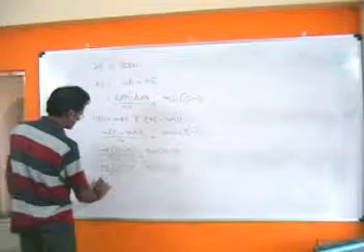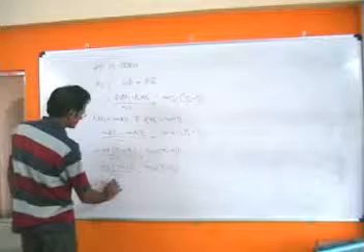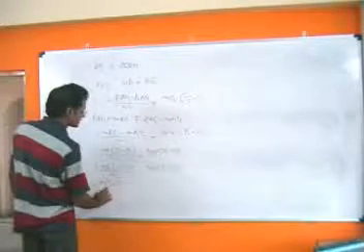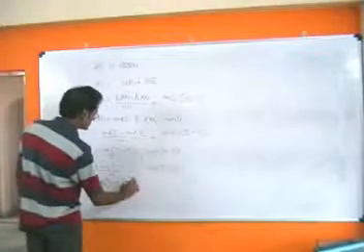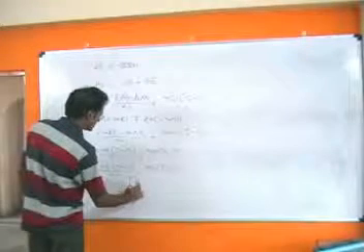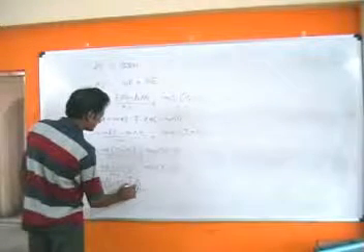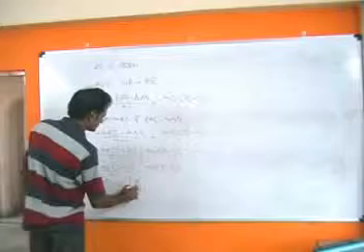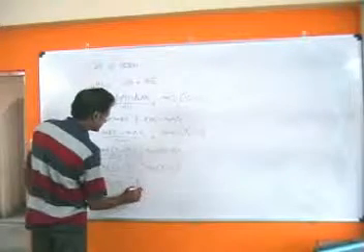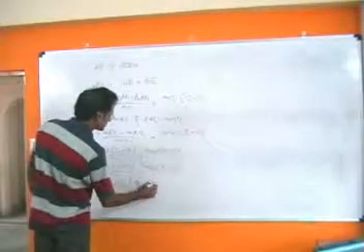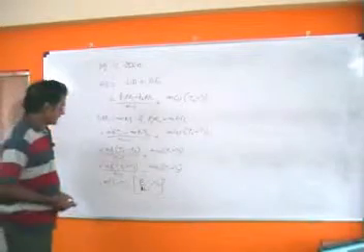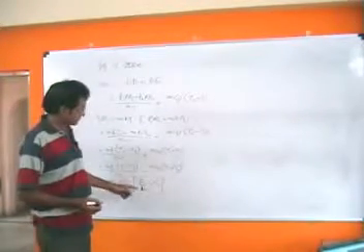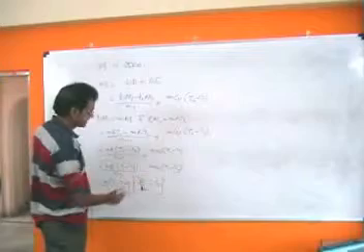If we take it out, we are left with R by (n minus 1) minus Cv. So we have here m into (T1 minus T2) and R by (n minus 1) minus Cv.